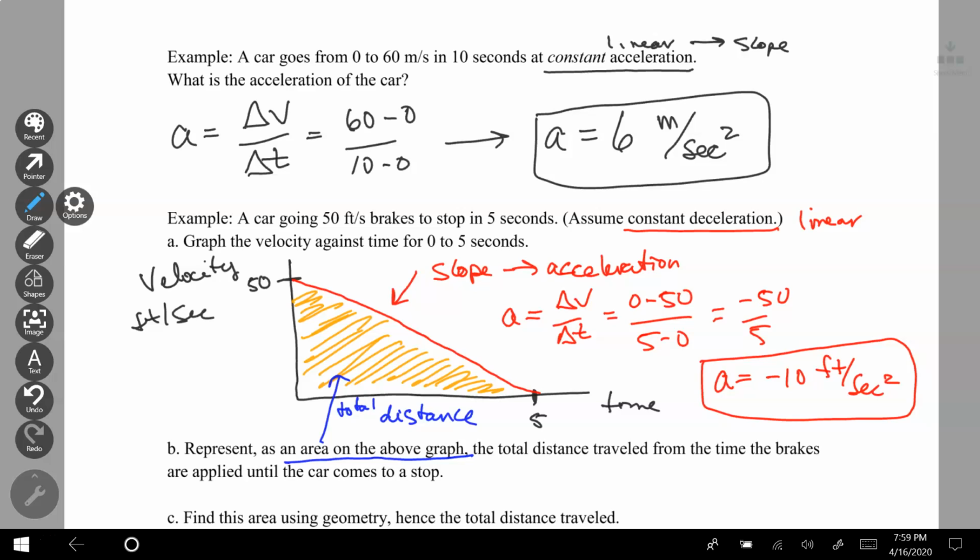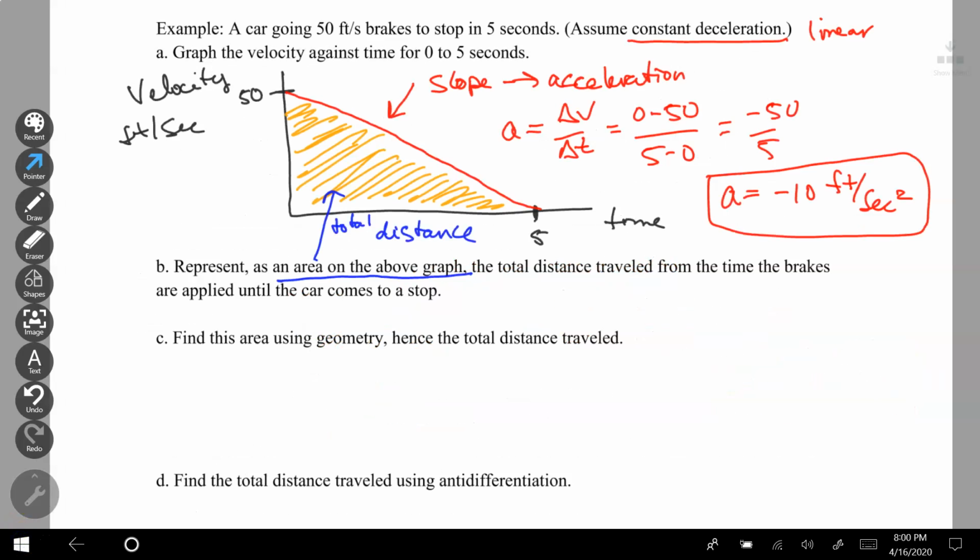Okay? I'm going to move it up. So here we go. I want to figure out this total distance. Well, I'm lucky. I got a nice right triangle. So area of a right triangle equals 1/2 times base times height.